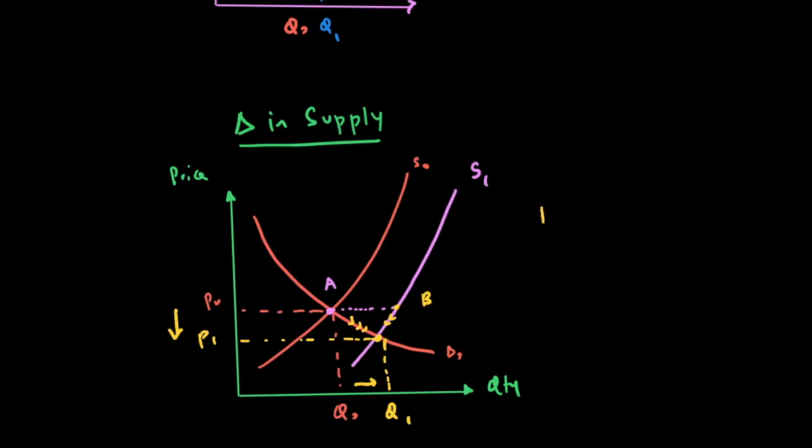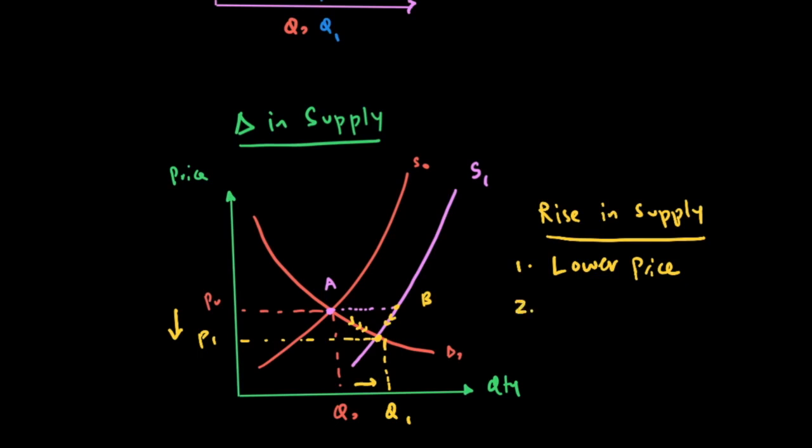So let me write this, that a rise in supply will result in, number one, a lower price, and number two, a rise in quantity demanded.